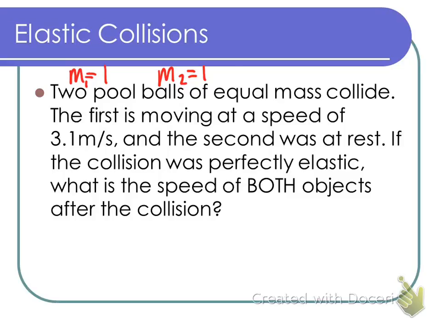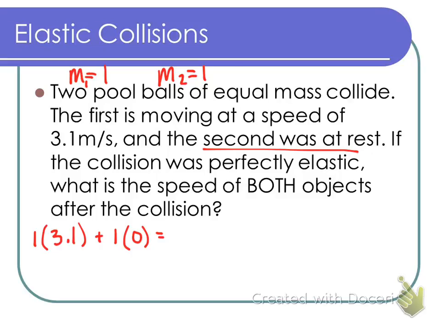Two pool balls of equal mass. The first is moving at a speed of 3.1, so we would take 1 times 3.1 plus 1 times 0, because V2 was at rest. After the collision, we want to find the speed of both objects.